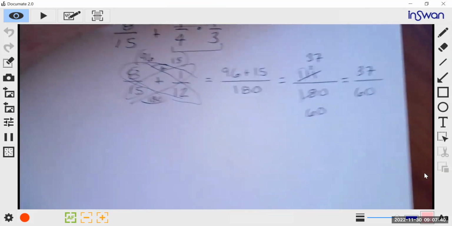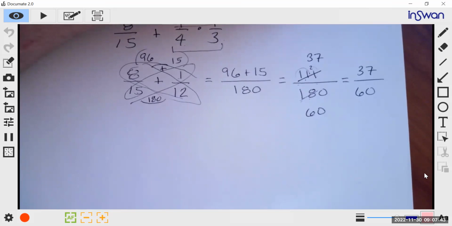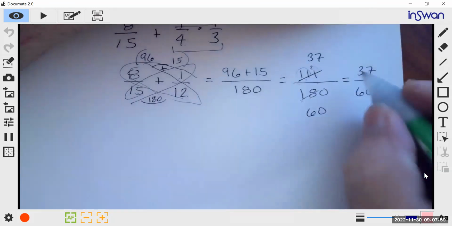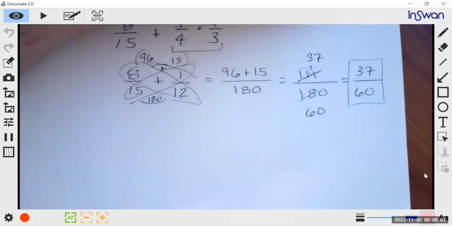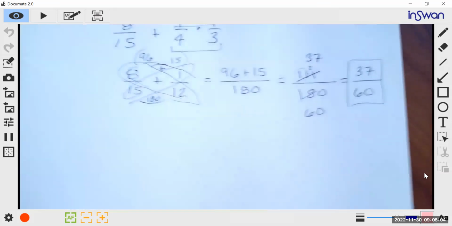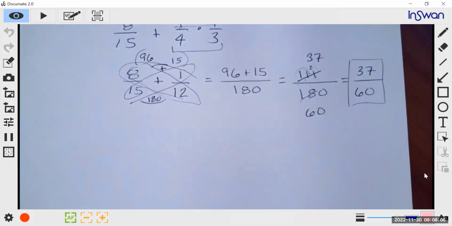So 37 over 60. Anything else go in there? No. So that's our answer, 37 over 60.